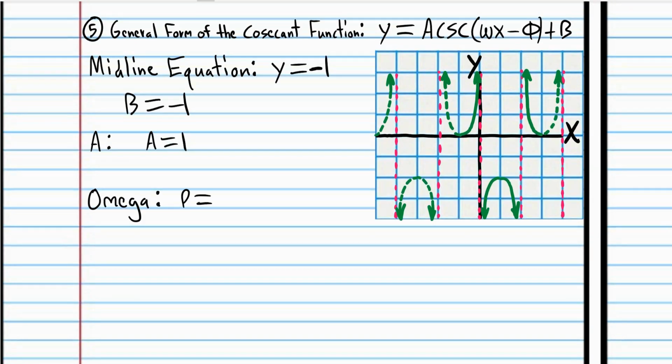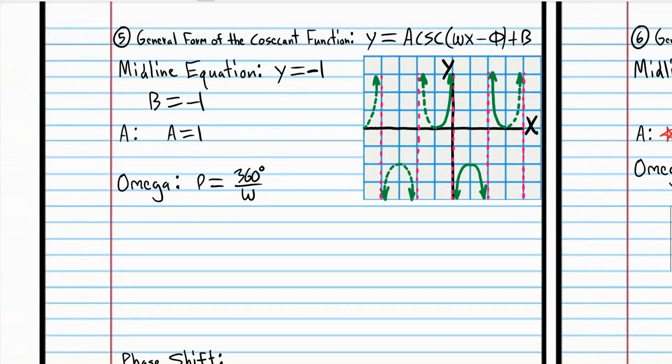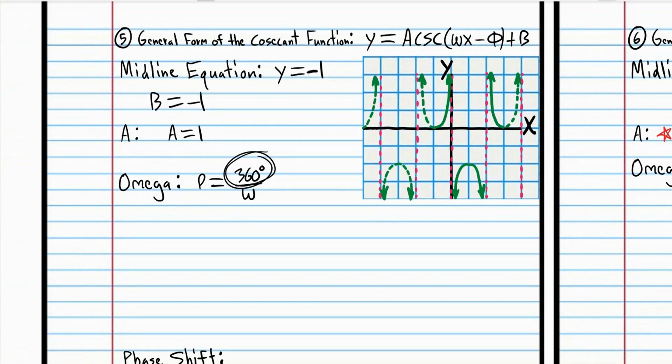So to find omega, we're going to use, again, the equation for the period. And the normal period is always written up here. For the sine, cosine, secant, and cosecant functions, the normal period is always 360 degrees. That's assuming that you don't compress or stretch the graph horizontally.